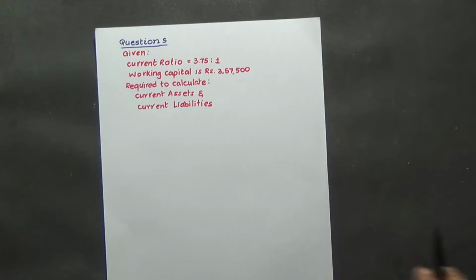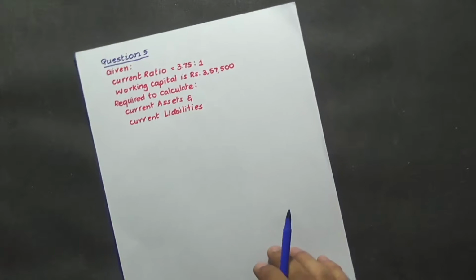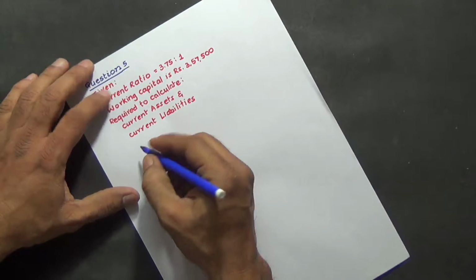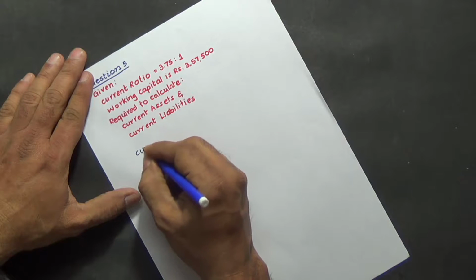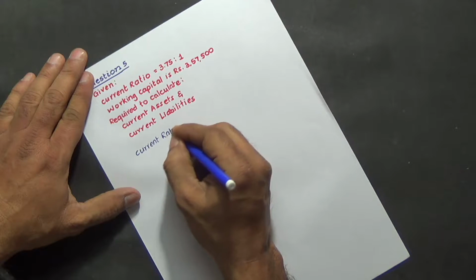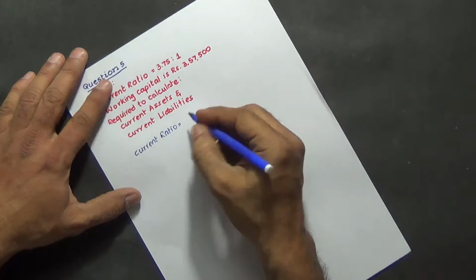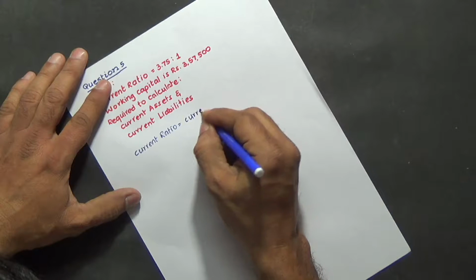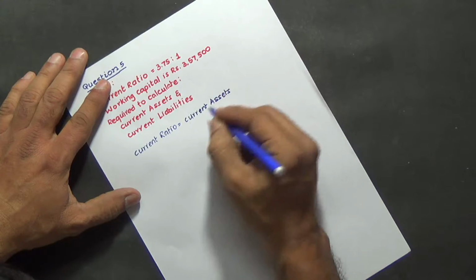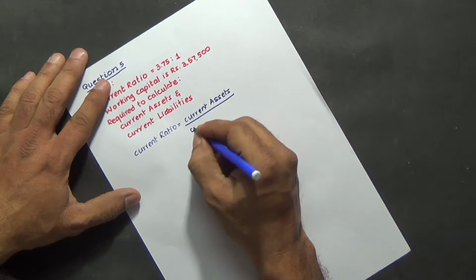The formulae for us would be, let me write it in blue for a change. Current ratio is equal to current assets divided by current liabilities.